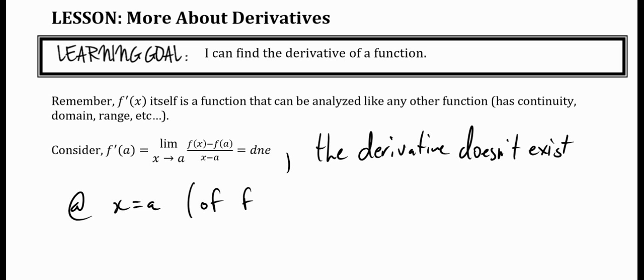The derivative of f at x. If the limit of the function doesn't exist, the derivative doesn't exist. I suppose you could go back and forth with that. If the limit of the original function doesn't exist, then the derivative doesn't exist. Or if you know something about the derivative, if it doesn't exist, that's telling you something about the original function.